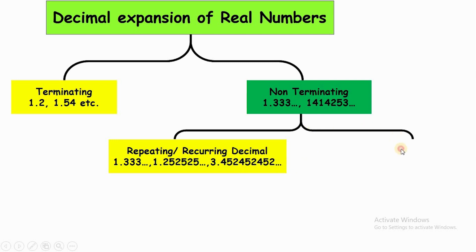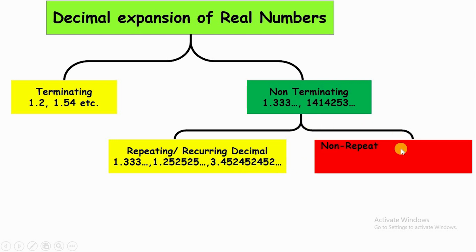And the other one is non-repeating or non-recurring decimal expansions like 1.412525. So you can keep on writing, but it will not terminate at the same time. The numbers after the decimal point are not repeating.